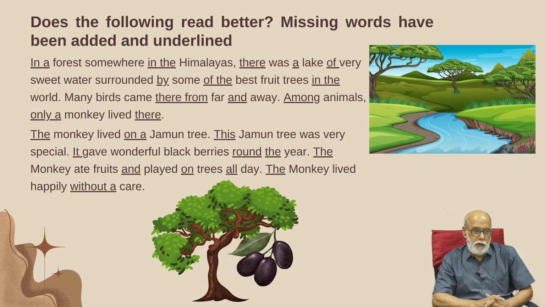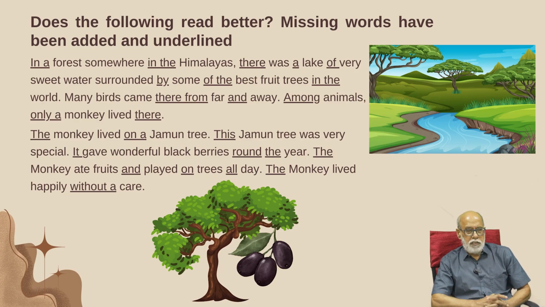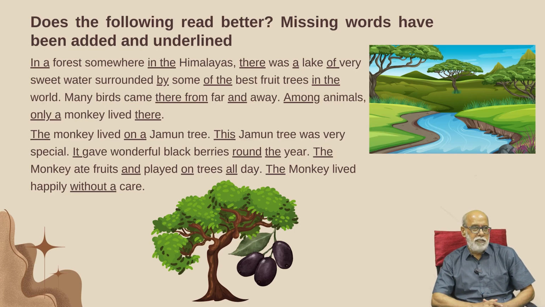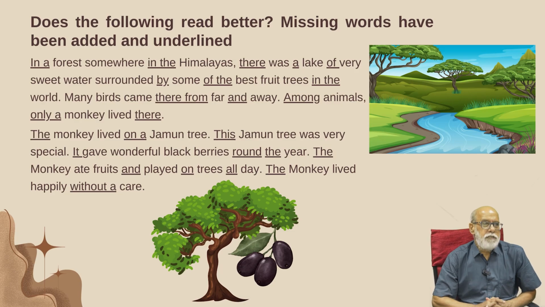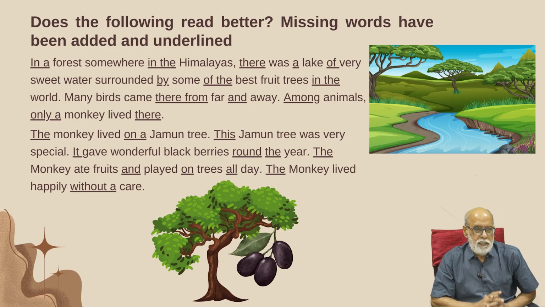I should have said Himalayas because Vietnam is farther away from the Himalayas. But Nepal and India share the Himalayas. So in a forest somewhere, we do not know whether Nepal or India, but in a forest somewhere becomes one place, and becomes one place because of the cohesive devices, these two words, in a.